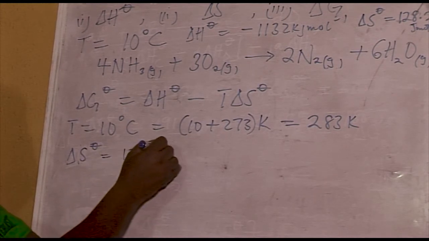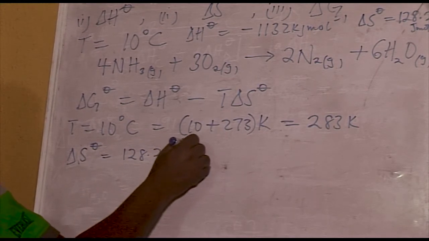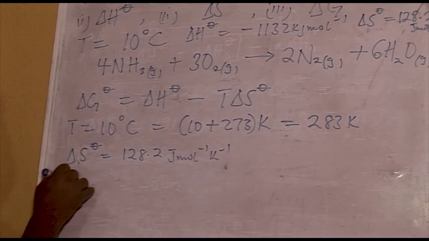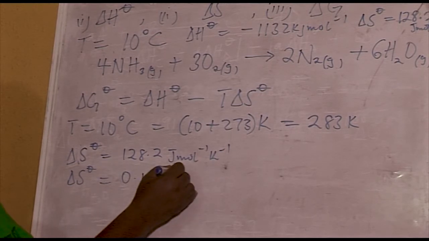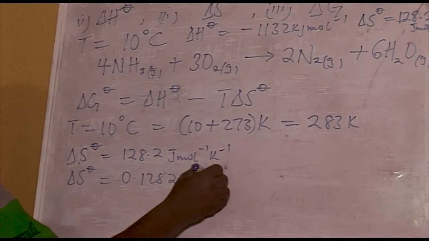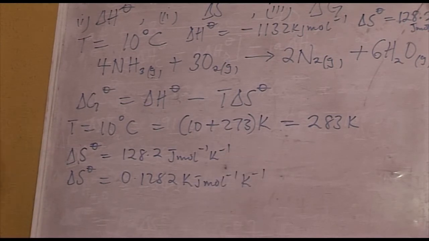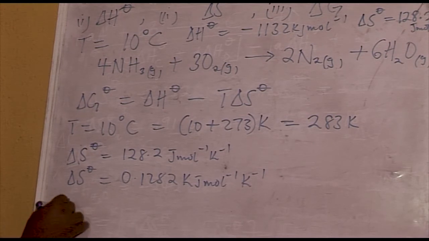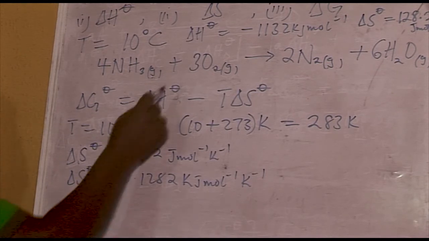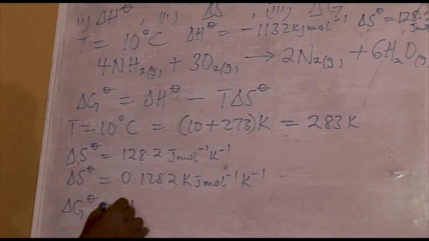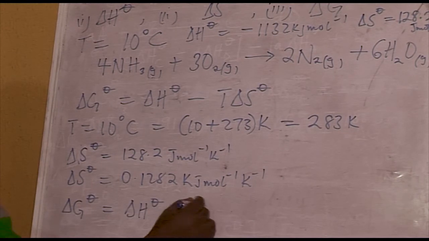Better still, let's change our entropy to kilojoule per mole. 128.2 joule per mole per Kelvin will be 0.1282 kilojoule per mole per Kelvin. What I did was divide by 1000, so it is naturally expressed in kilojoule per mole per Kelvin.